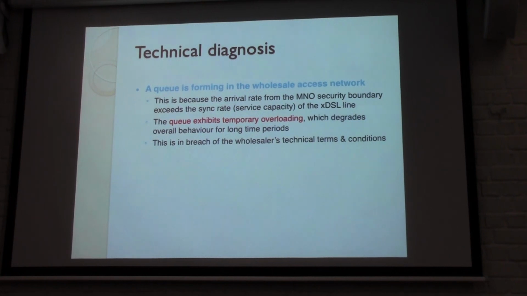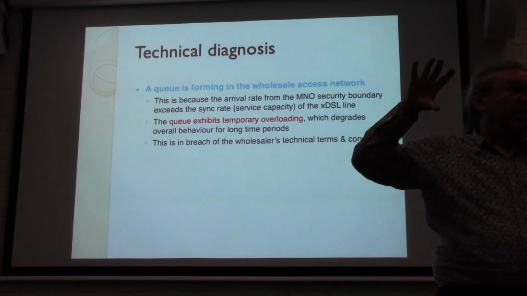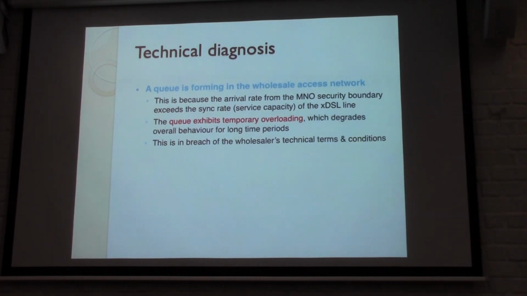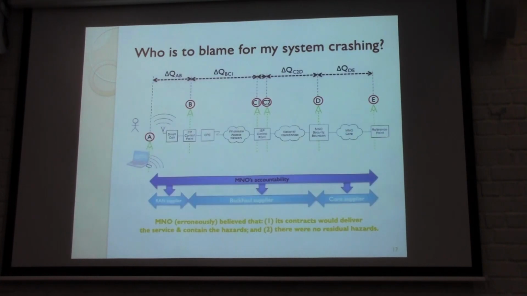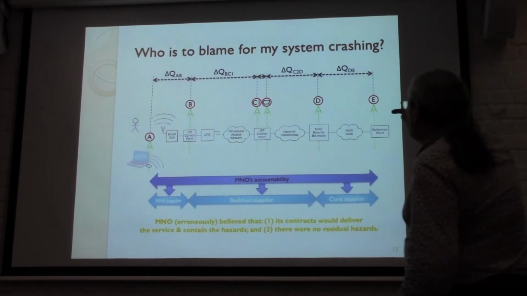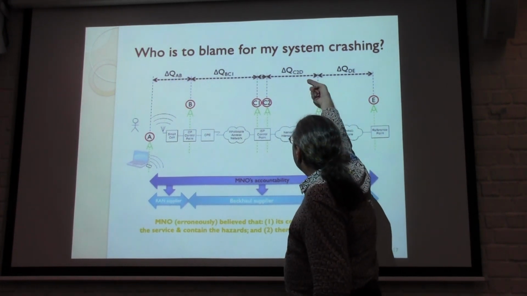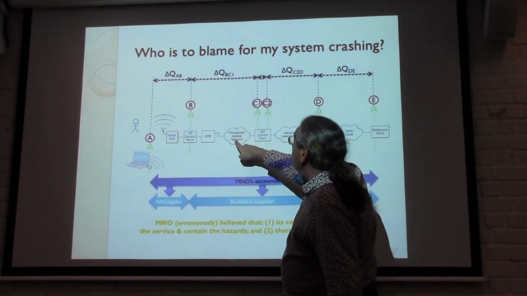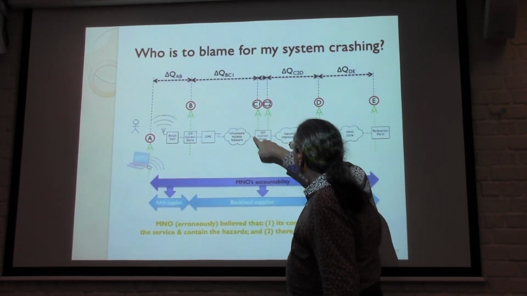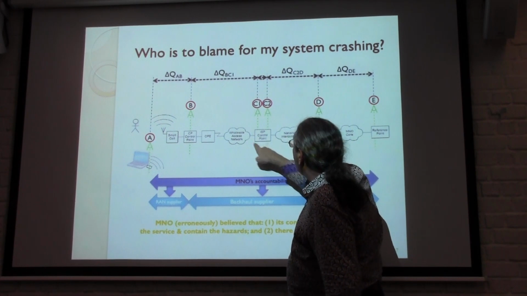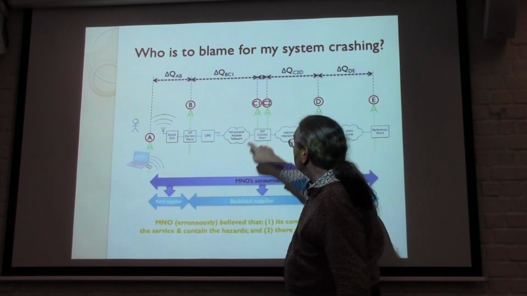A queue is forming in the wholesale access network. So there's a connection between the national interconnect. Let me go again to this picture. We're going down here, and messages are going in here into the wholesale access network. Here we have a queue. So there's some queuing here. Messages are coming, so this is being overloaded, and the delay is incredibly high.